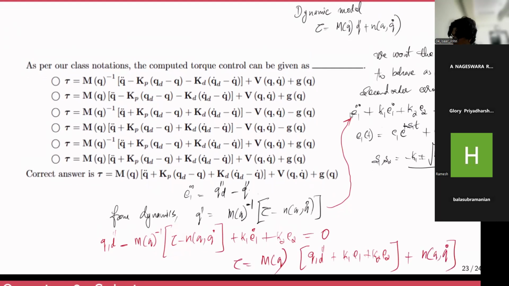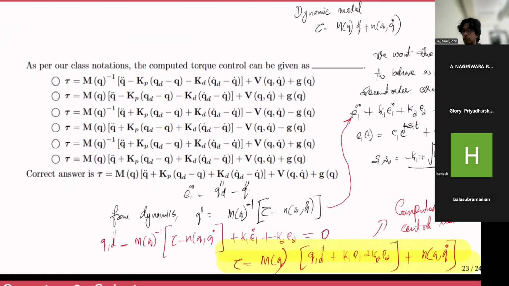This will be our control input, and this is essentially the computed torque component. We derived this from our requirement that we want the system to follow the second order dynamics, so that as time tends to infinity, the errors in positions and velocities will asymptotically tend to 0.